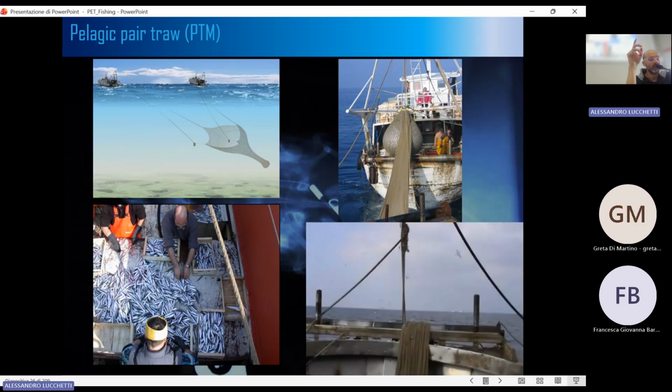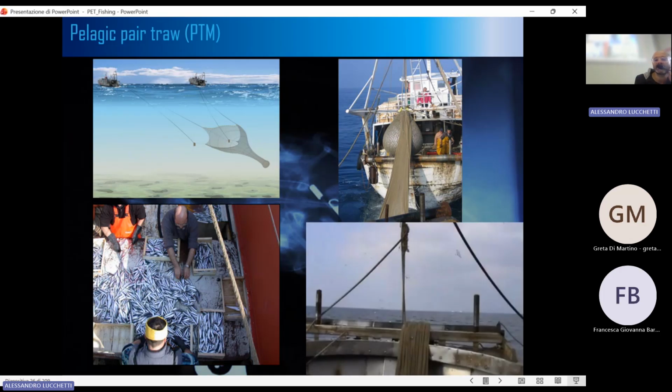This is the pelagic pair trawl, which is a net used to catch small pelagic fish. Here in the Adriatic, we only have the pair trawl, which is 2 vessels, 1 net, a very big net.